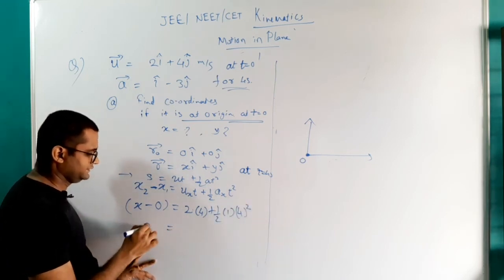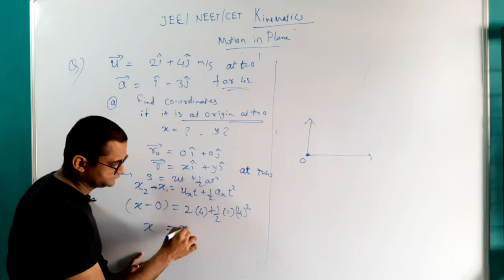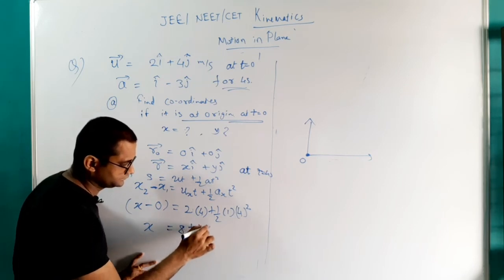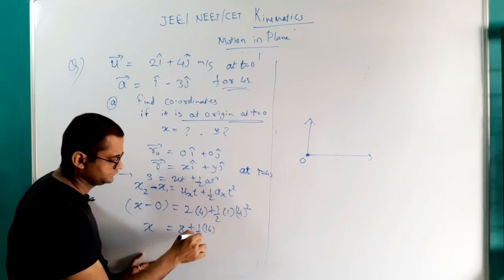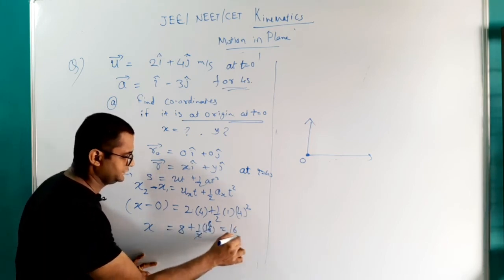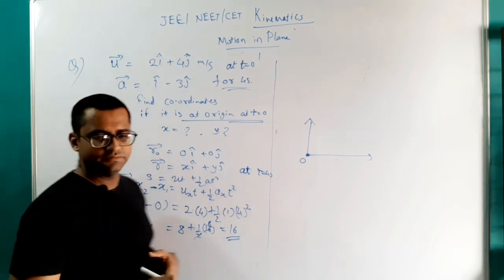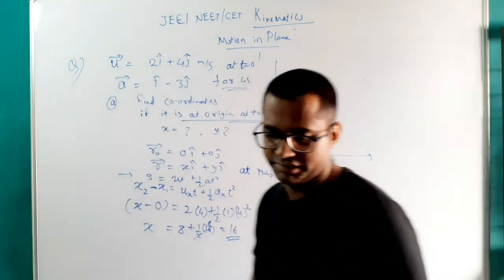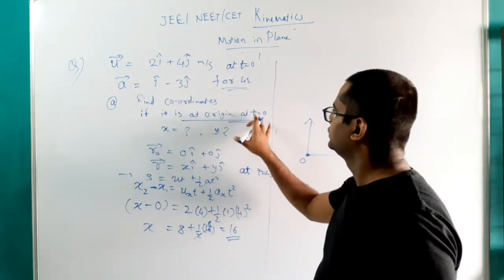So what we get is x equal to 8 plus 8, which is 16. So the x coordinate will be 16 after 4 seconds.